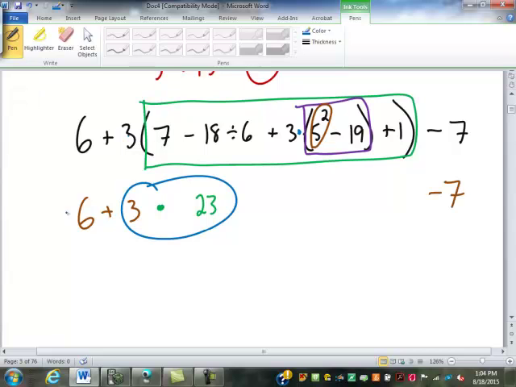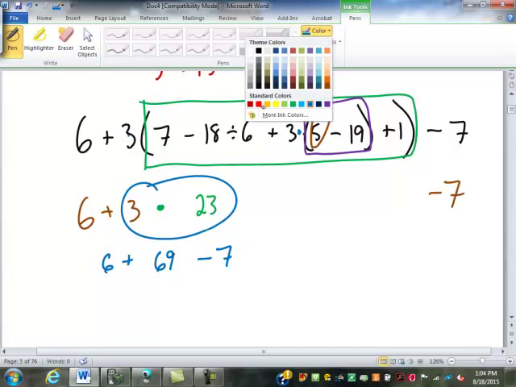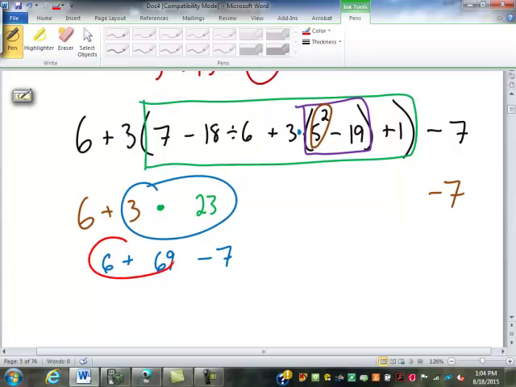So 3 times 23, which is 69. And then 6 and 69 is 75. And then 75 minus 7 is 68. So all that becomes 68.